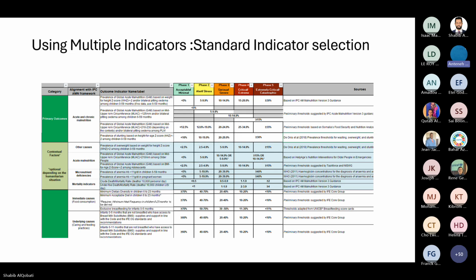If you have a data source for these indicators, you can automatically use these standard indicators for severity, and the process of severity analysis is very straightforward. You look at the reference, and if the severity matches the severity threshold you see on the screen, then you rate each administrative unit using those severity levels. Next slide.